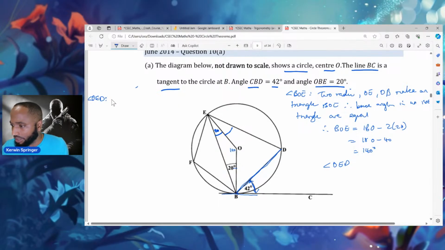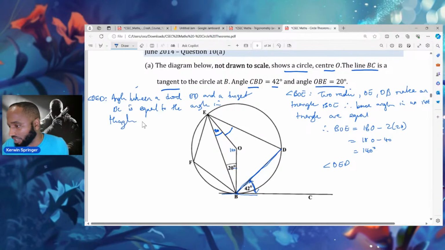The angle between a chord, let's call the chord BD, and a tangent, BC, is equal to the angle in the alternate segment.